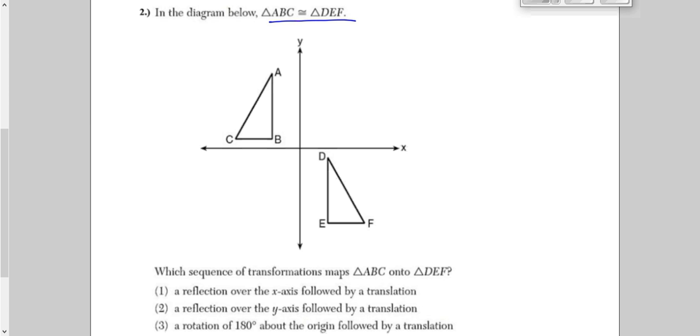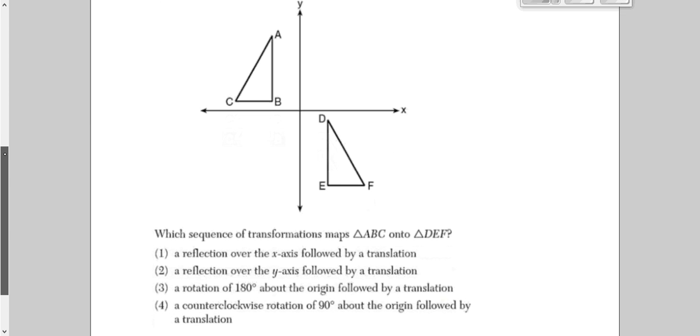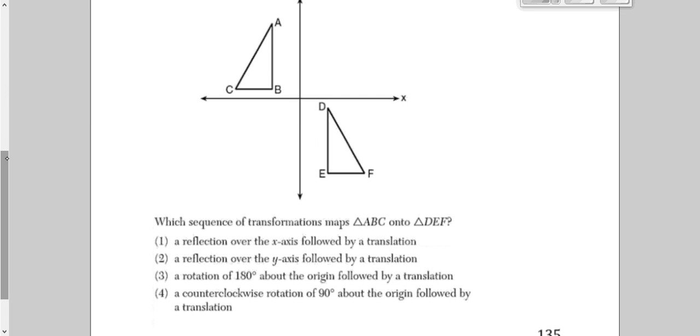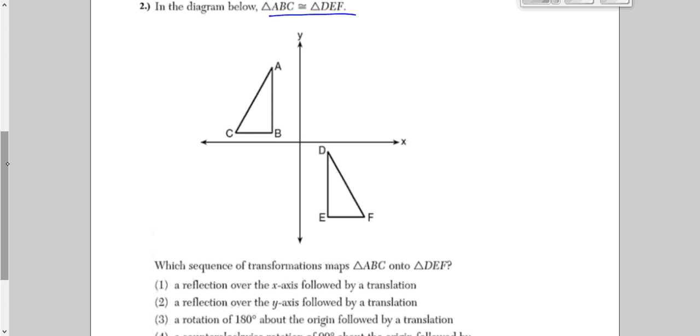Okay, the orientation got reversed, right? So it's got to be choice 1 or 2. Well, do we know it? Can we reflect it over the x-axis and then translate it and get it over to the, which way? We're starting with ABC? Yeah, sorry. Can we reflect over the x-axis and then map it up with that? No. So we got to reflect it over the y-axis, right? Yeah, it'd be upside down. And then translate it. So it'll be choice 2. All right?